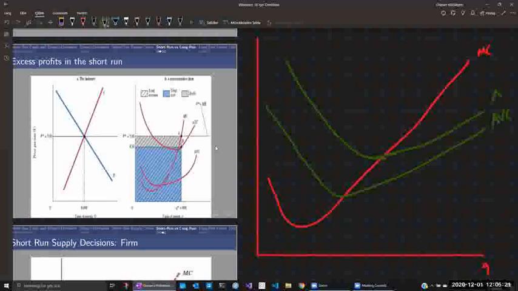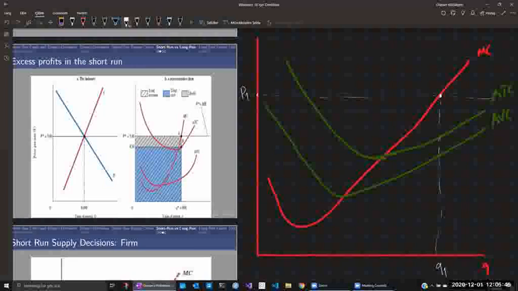Okay. So let's say that the price level occurs at such a point. This is, let's say, price level 1. At this price level, I know the optimal production is, let's say, Q1.